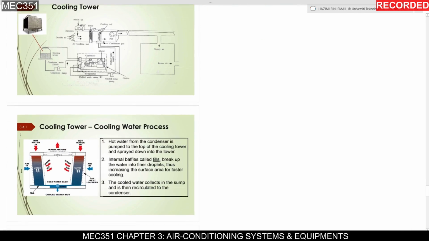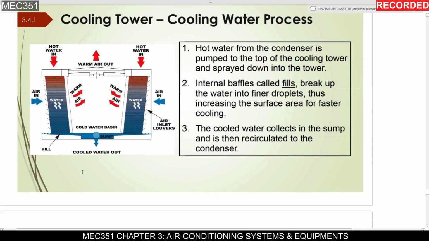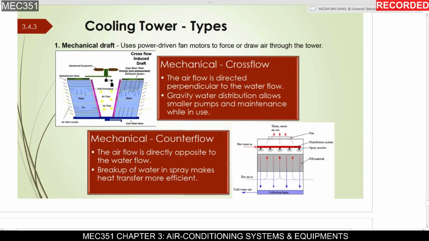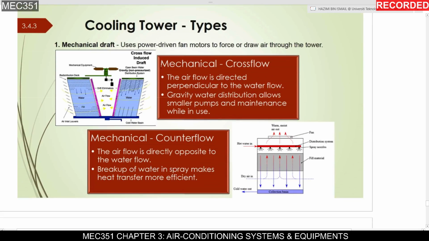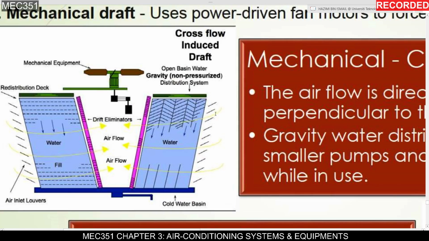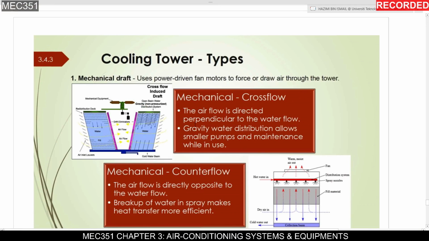So for the cooling tower, we have two types of mechanism. The first one is called mechanical cross flow. This one is the cross flow. Water comes from up here and air from the outside, in similar directions. So that's what we call the cross flow.